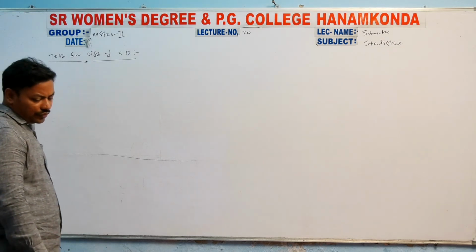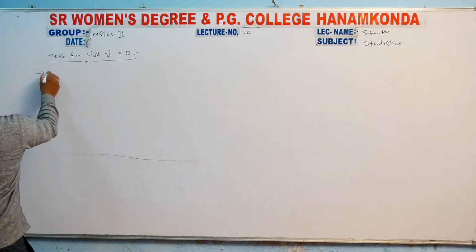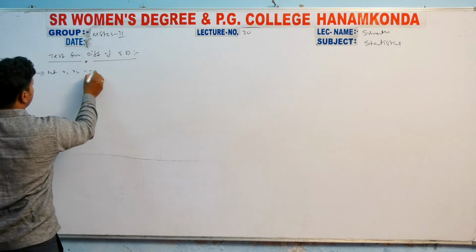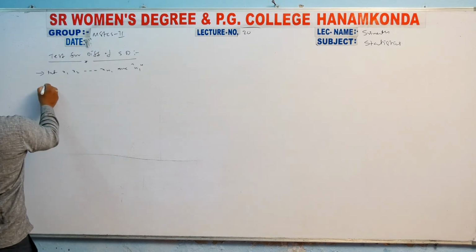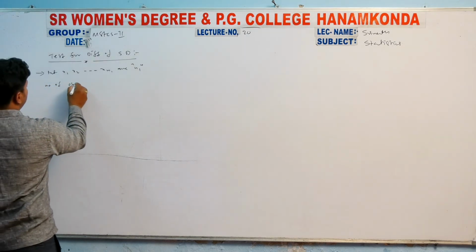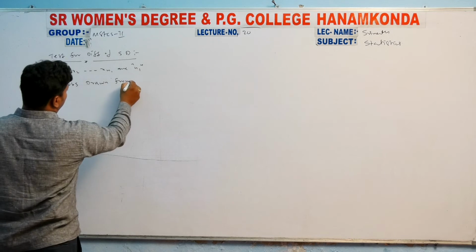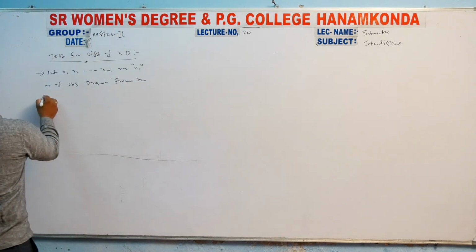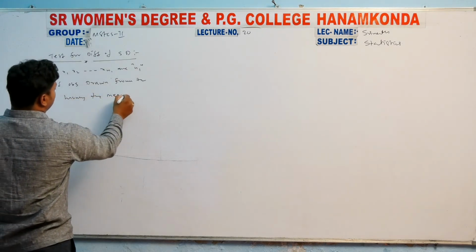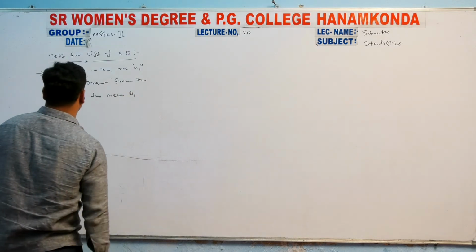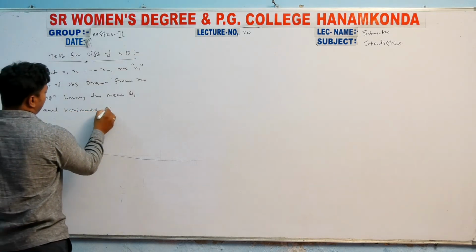So here, let x1, x2, and so on up to x n1, n1 number of observations, be drawn from the population having the mean mu1 and variance sigma 1 square.